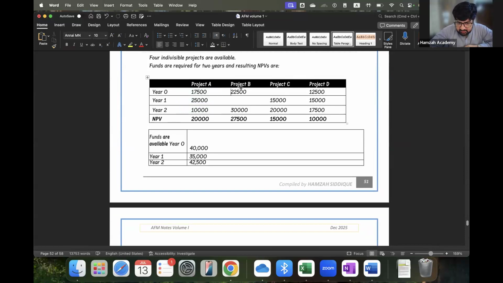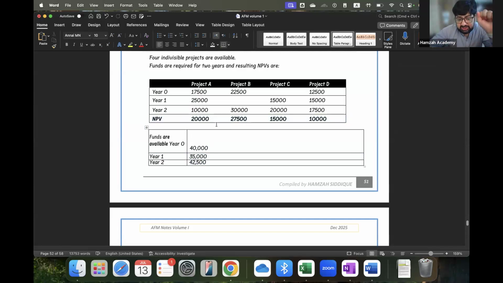Investment in year 0 and year 2. Funds limitation: they can invest only 40,000 in year 0 in total. Try to understand. They can invest only 35,000 in year 2. NPVs of all products are given.